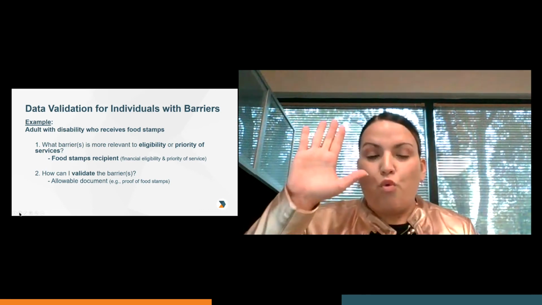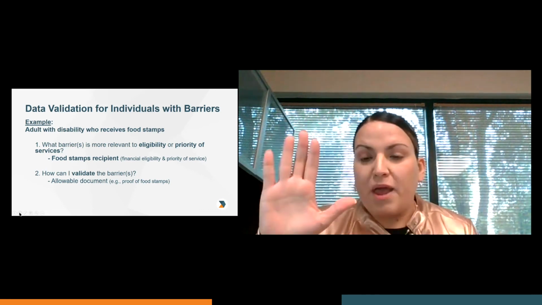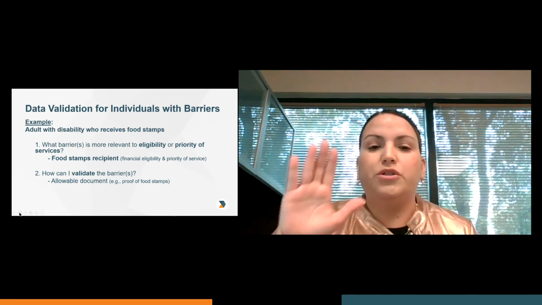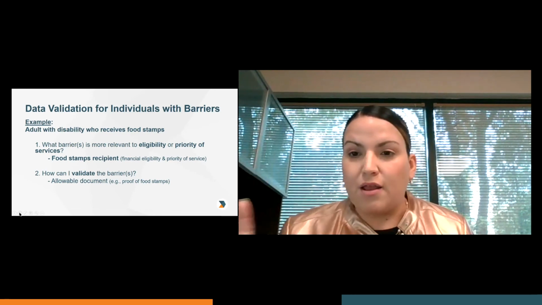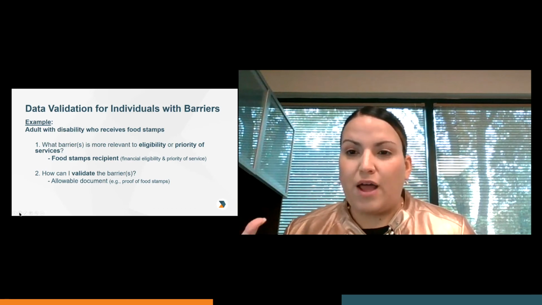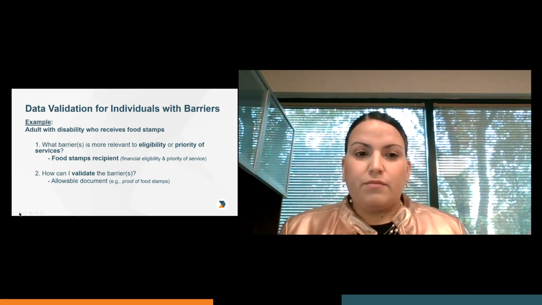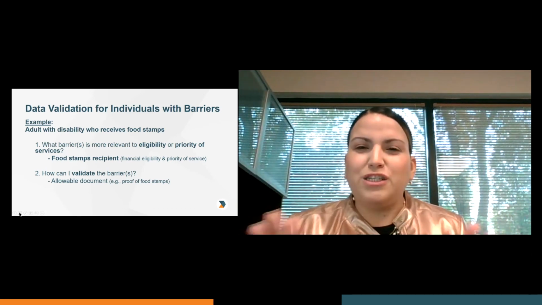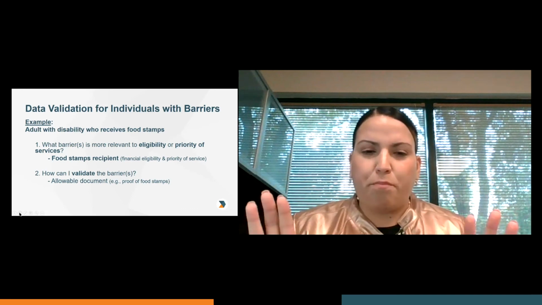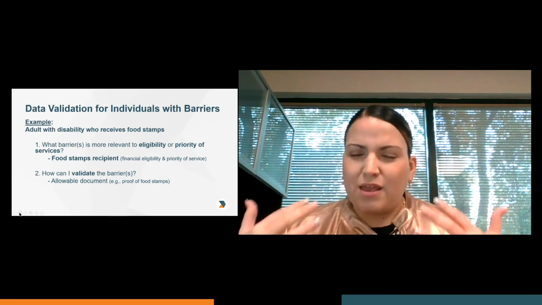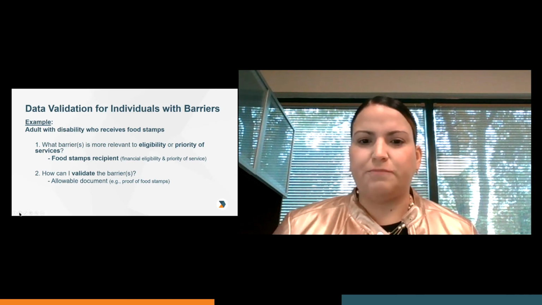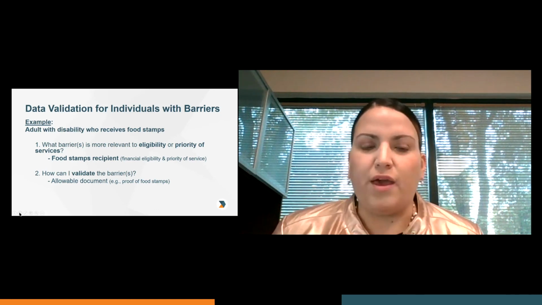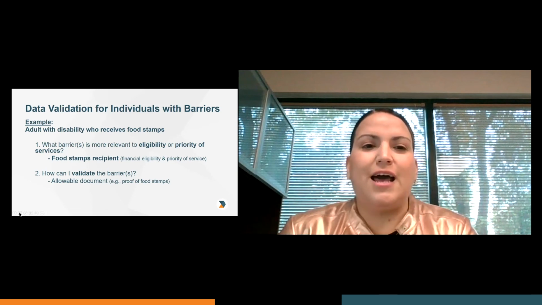And then we will use the other barrier that allows us to determine eligibility, and we already know the documents that we can use to validate that. So I hope that this way of looking at barriers is making it less complicated to go through the validation process. Okay, next slide, please.